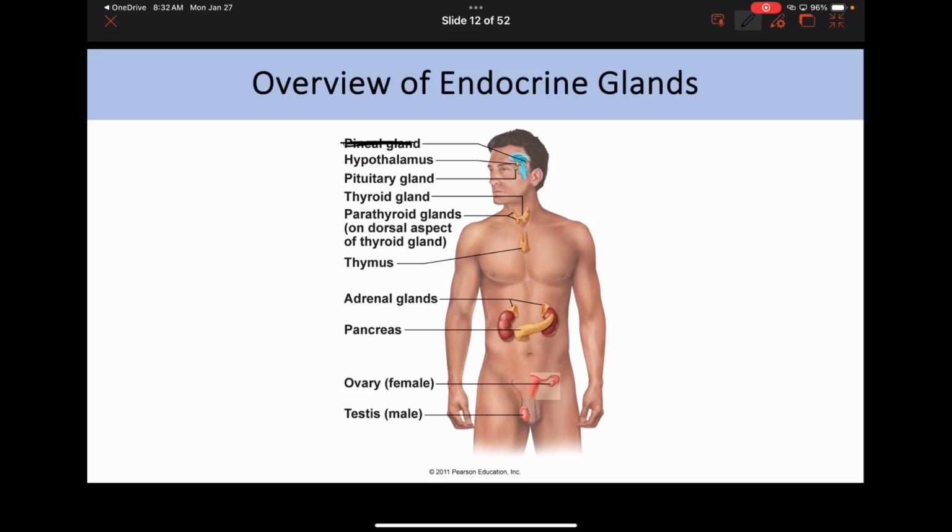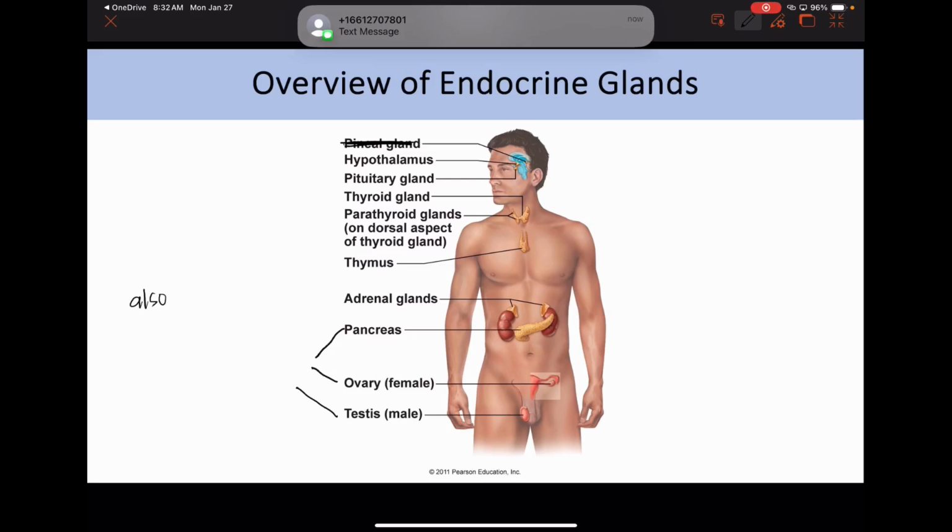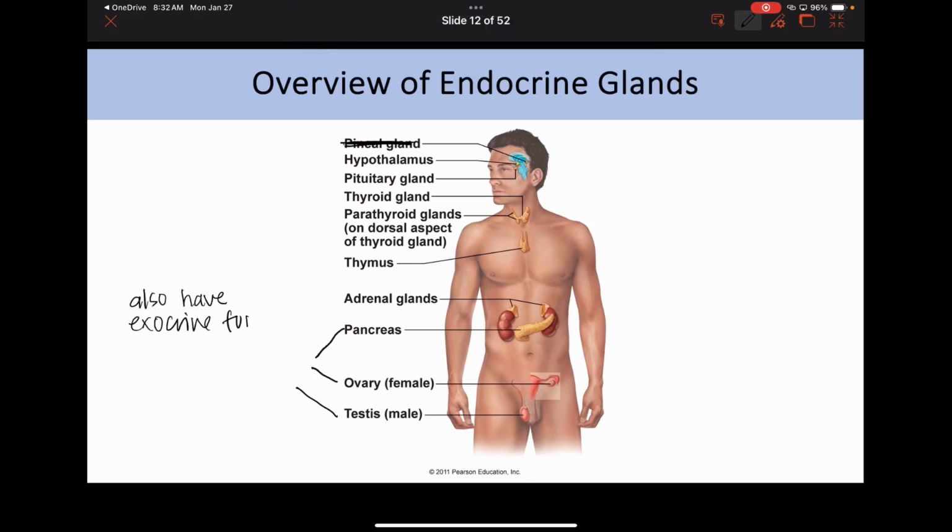We have your pancreas. Now, what's special about the pancreas and the ovaries and the testes, all of these also have exocrine function. So these all will produce hormones, which is their endocrine function, but then their exocrine function. For the pancreas, it produces digestive enzymes that get put into your digestive tract.